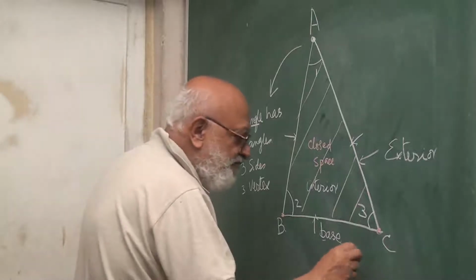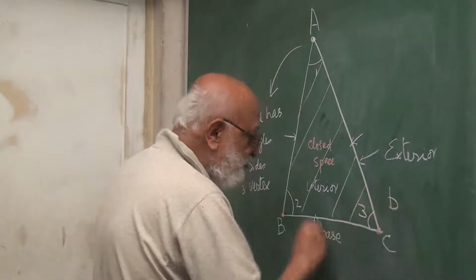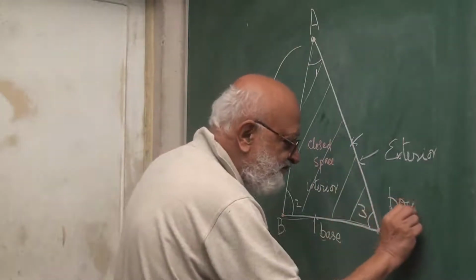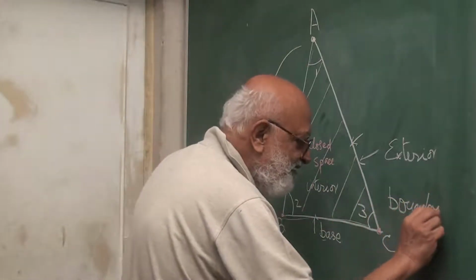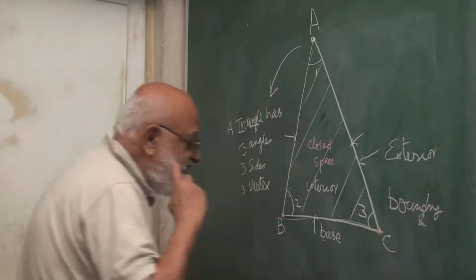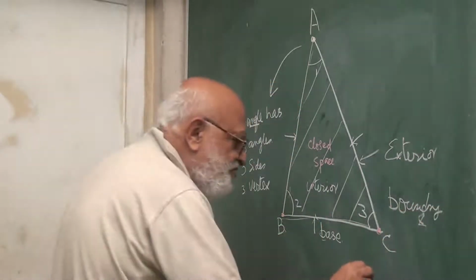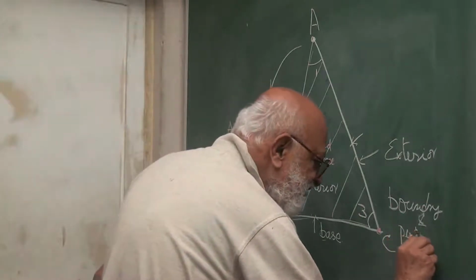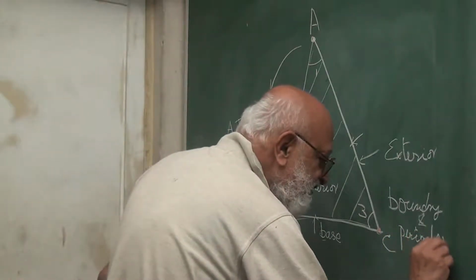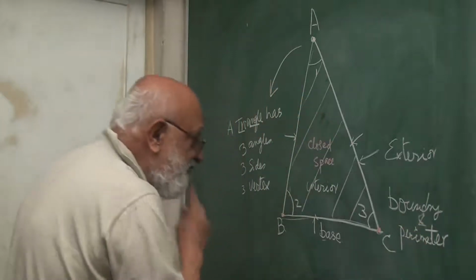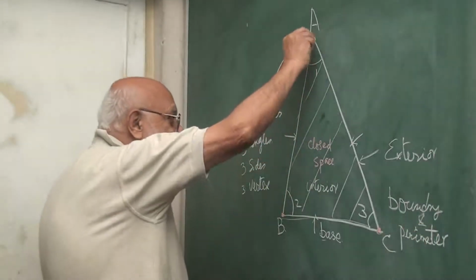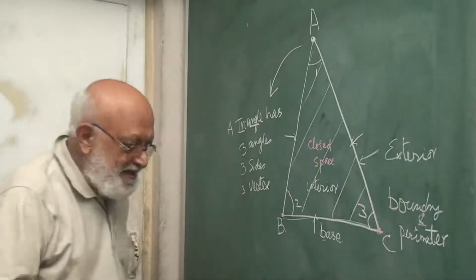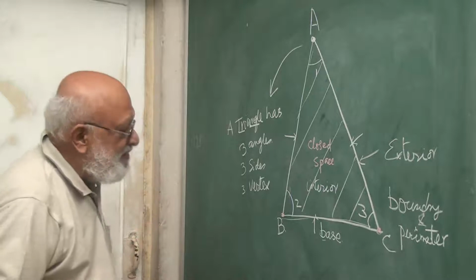So we can call it boundaries. This line will be a boundary, and that means it will also have a perimeter, because I can measure AB, BC and CA.